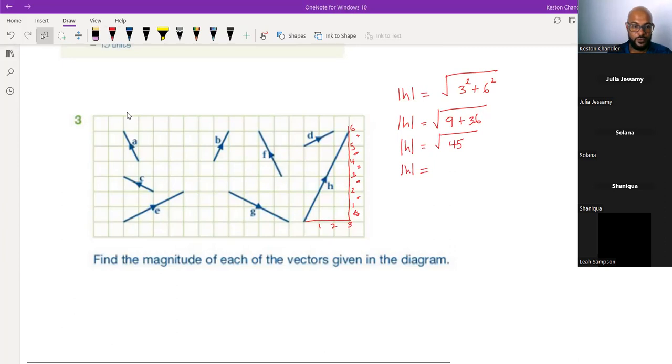Where my calculator go? 45 square roots. Again, 6.708203. We wanted the 3 significant figures. So the 3 significant figures, that's 6.7.